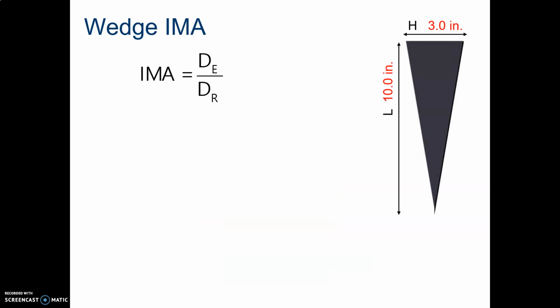So this time, the IMA is found still the same way, the effort distance divided by the resistance distance. But this time it's not the slanted distance. It is the distance perpendicular to the height.